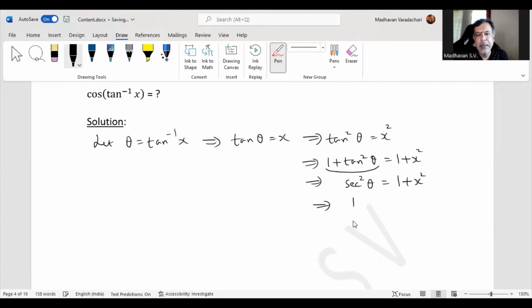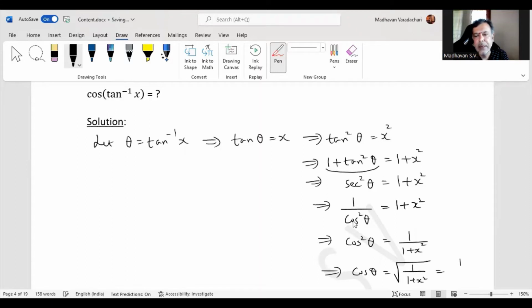Secant square theta is 1 by cos square theta, which is 1 plus x square. That means its reciprocal, which is cos square theta, is 1 divided by 1 plus x square. So we can write down cos theta as square root of 1 by 1 plus x square, or it is simply 1 divided by root of 1 plus x square.